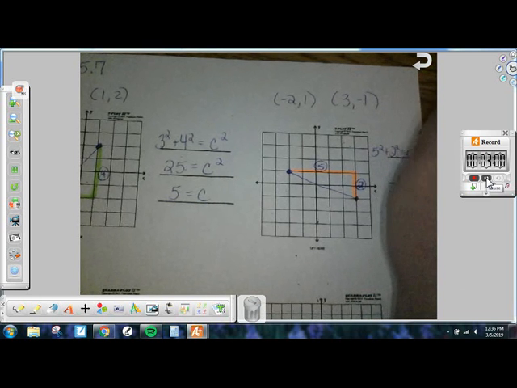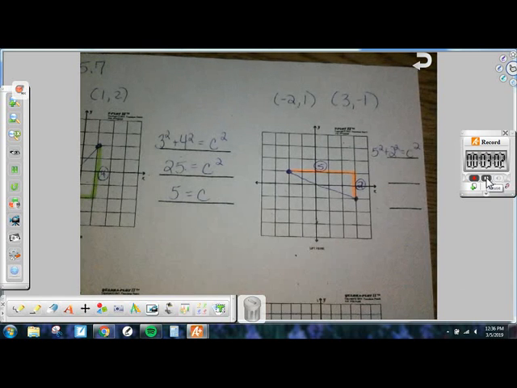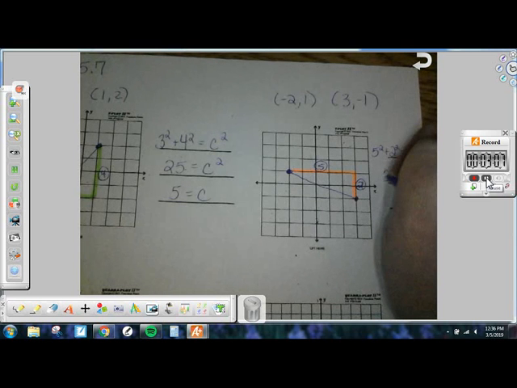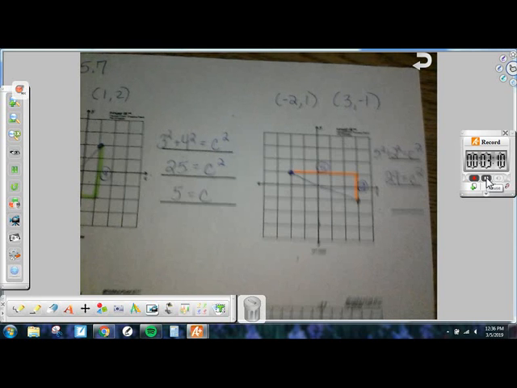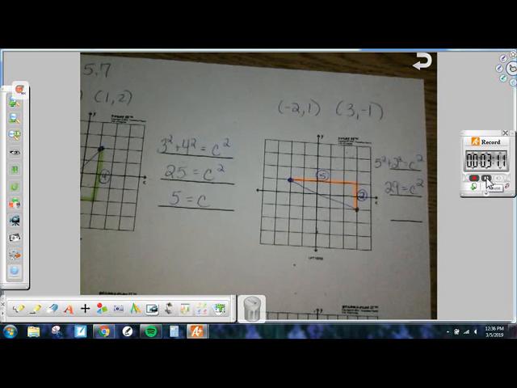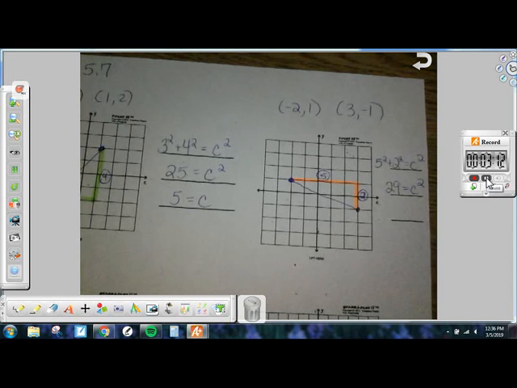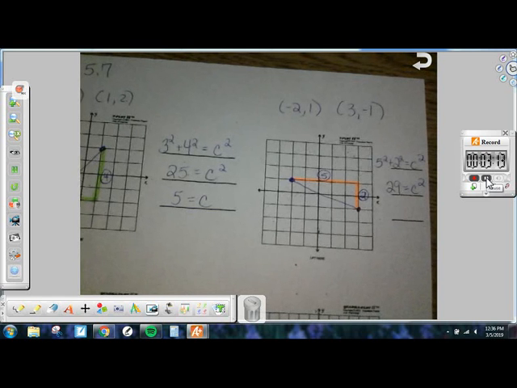I'm going to make my right triangle. From here to here is 6. From here to here is 8. 8 plus 6 is 14. And then I'm going to go up from 3 to 8. So that's 1, 2, 3, 4, 5. So the equation is 5 squared plus 14 squared equals c squared. That equals 221. And c equals 14.9 units.